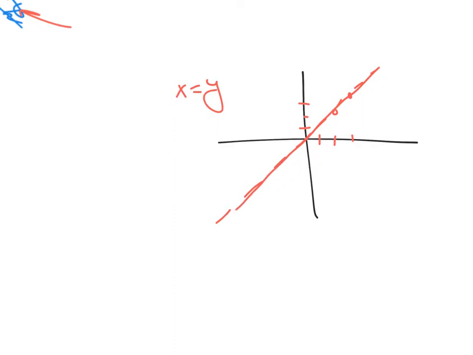It always reflects across that, or is symmetric with respect to the line x equals y, or y equals x. The book says it's the same thing. Okay, so let's go to example 6, and we'll do that on 4.3c.